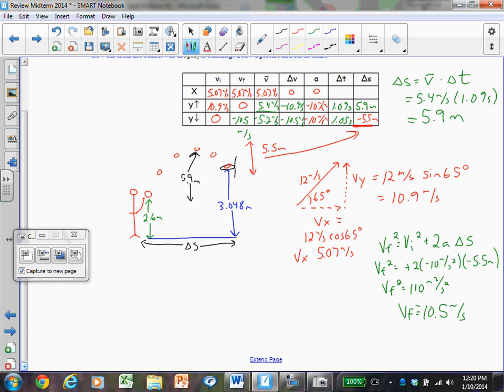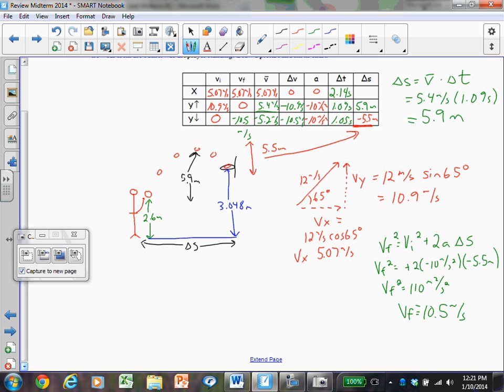So to get this delta S that it travels in the x, we have to add the total time that it's going up and the total time that it's coming down, because that's the time that it's moving forward at this speed of 5.07 meters per second. So that would give us 2.14 seconds.